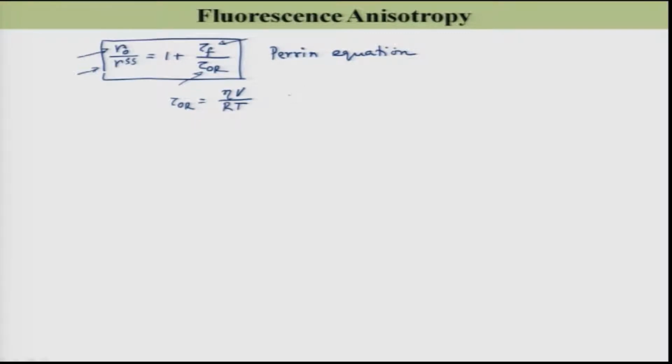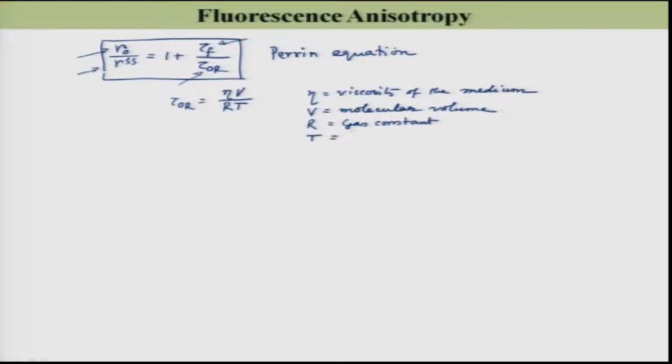This is my Stokes-Einstein relationship, where eta is the viscosity of the medium, V is the molecular volume, R is my universal gas constant, and T is my absolute temperature.